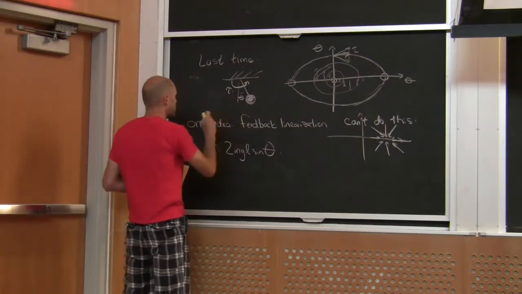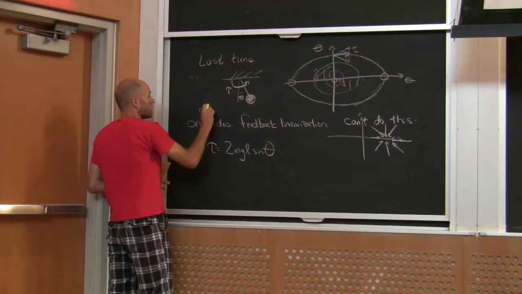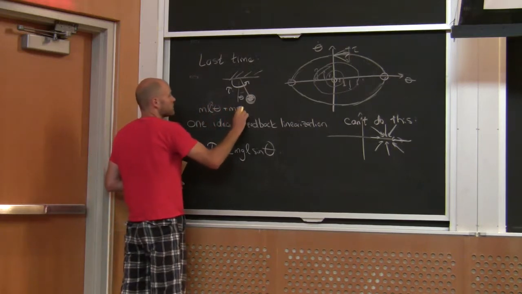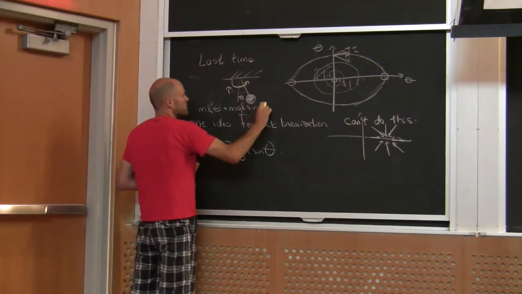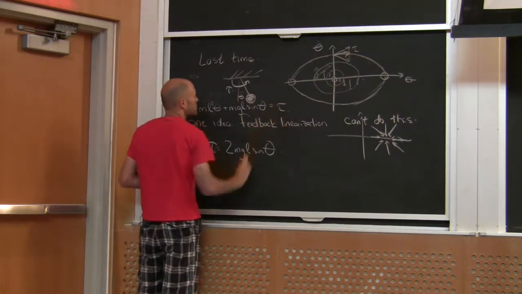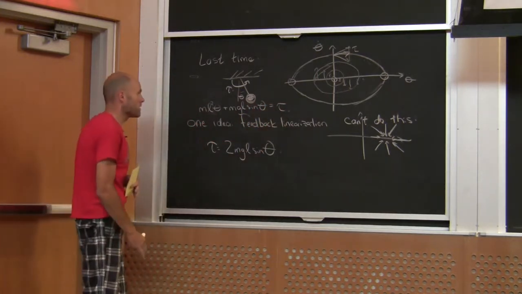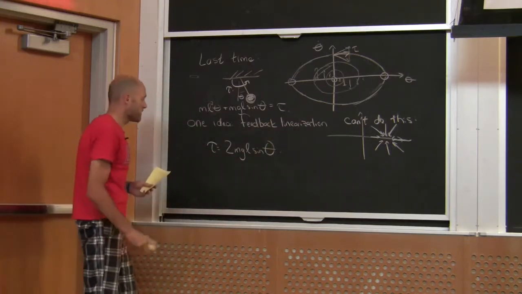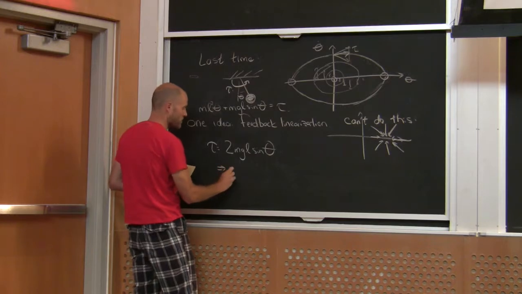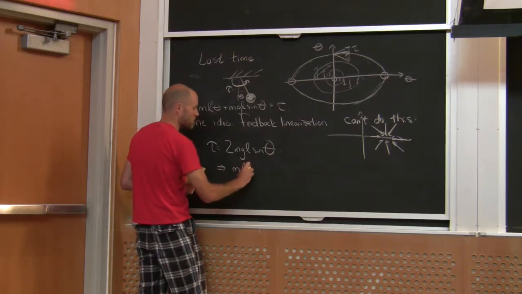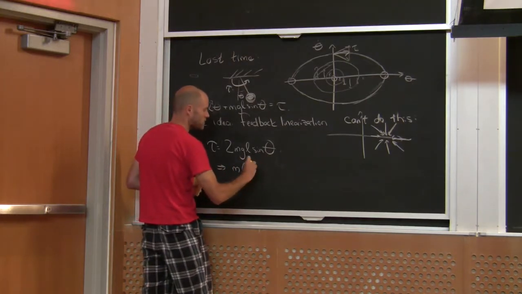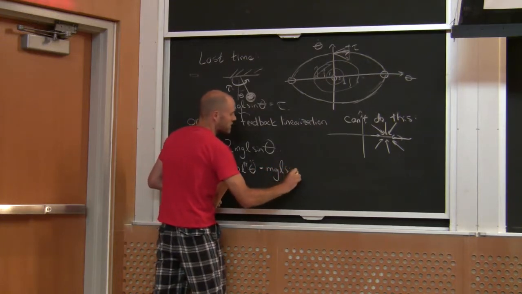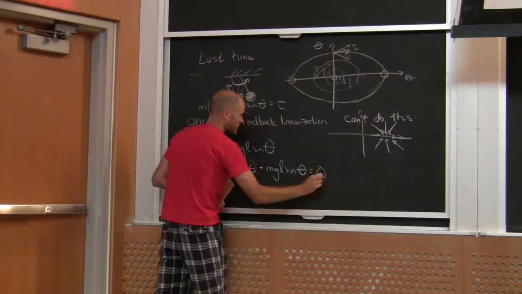So if my initial passive dynamics were this, if I put this control law in, then I've got the new dynamics ml squared theta double dot minus mgl sine theta equals 0.